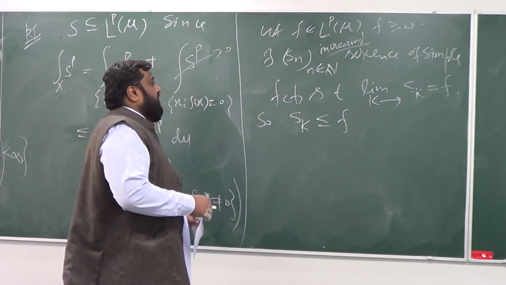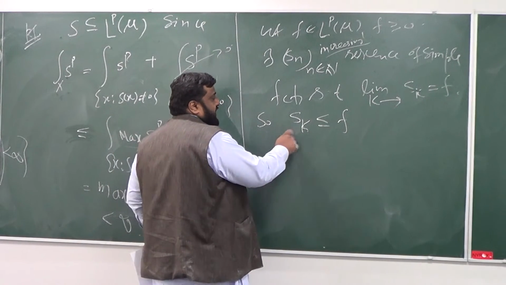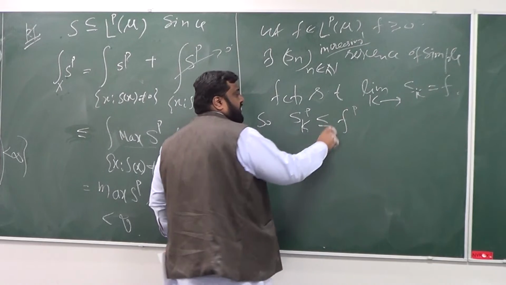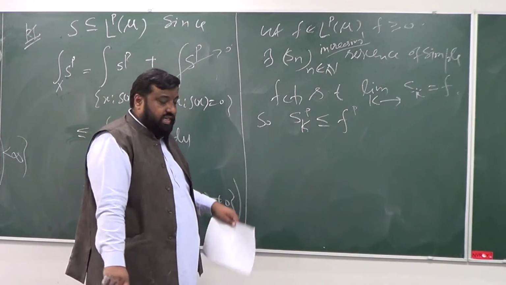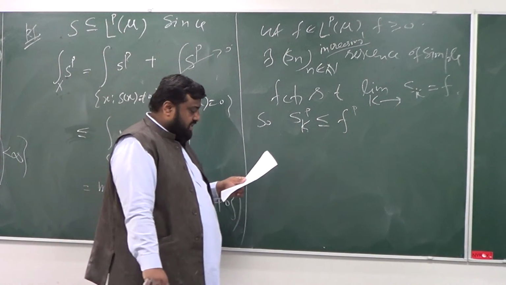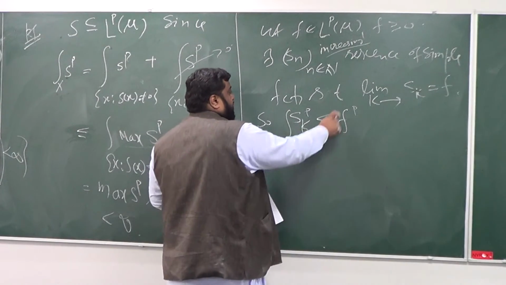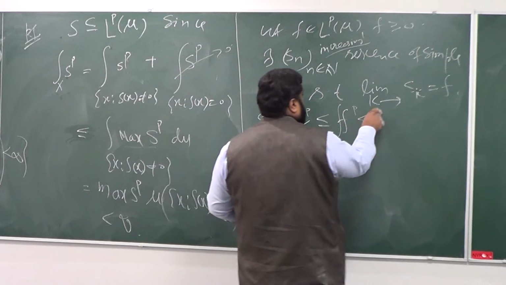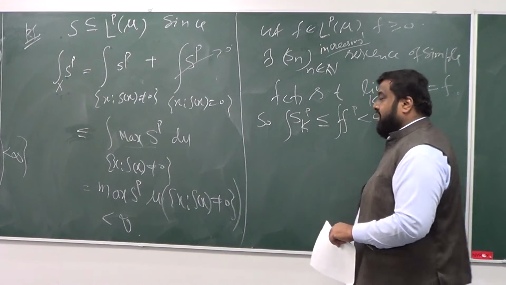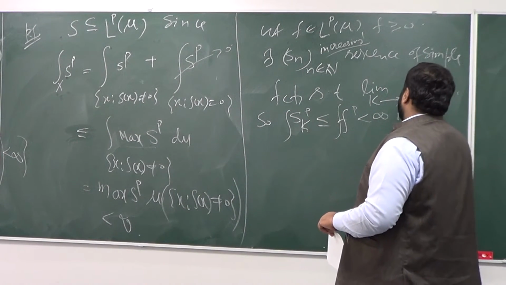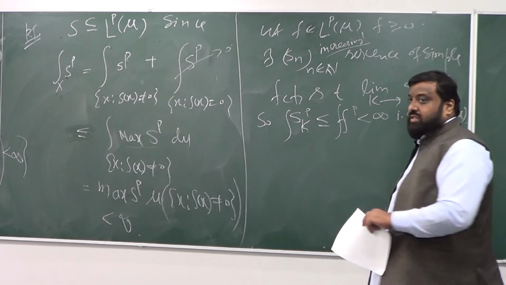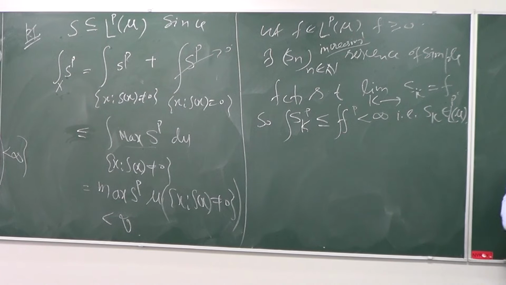Since f_k is less than or equal to f, f_k to the power p must be less than or equal to f to the power p. Therefore, I can integrate it. This must be finite. That is, all of these f_k's are from L^p.